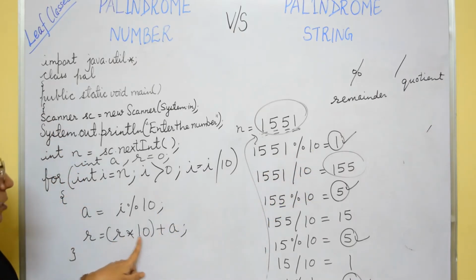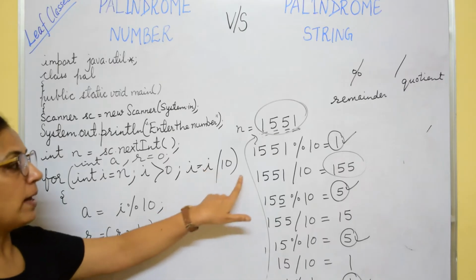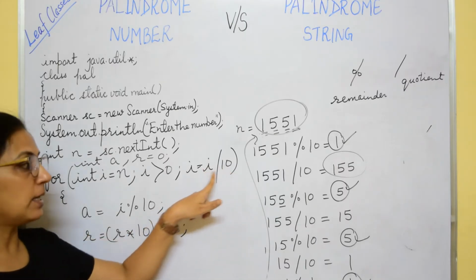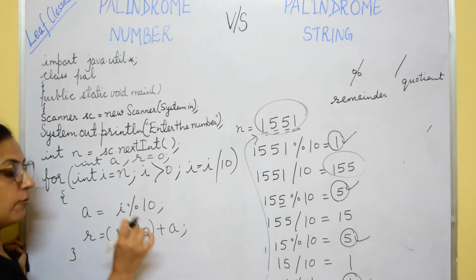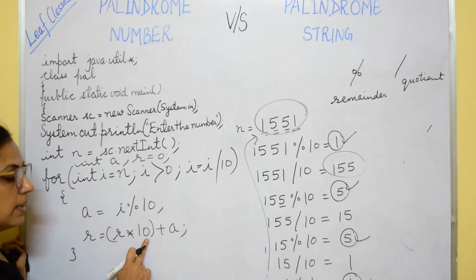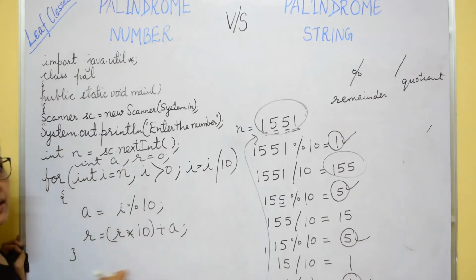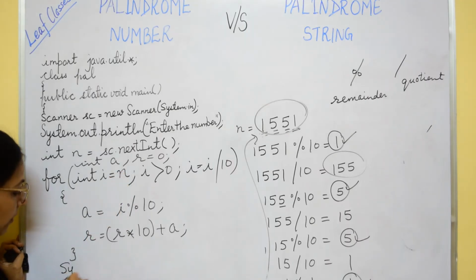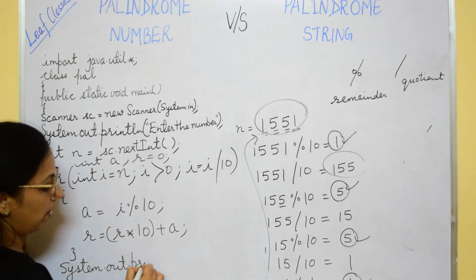Now 0 into 10 is 0 plus 1 will be 1. Next time i will be 155, since 1551/10 is 155. 155 mod 10 will be 5. Here the previous value of r was 1. 1 into 10 is 10 plus 5 is 15, and like this the process will be repeated, and after completion of the loop, in the r variable we are getting the reverse of the number, right?